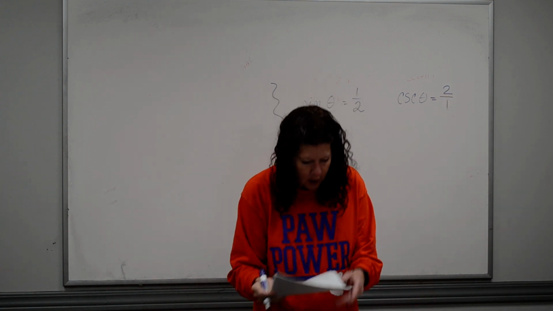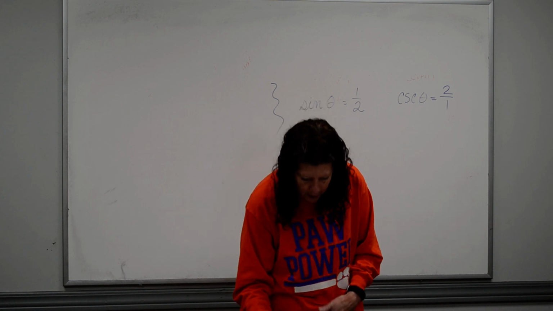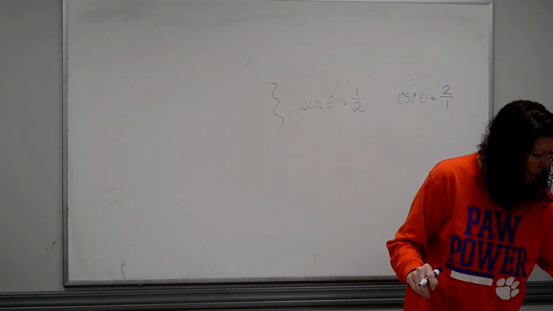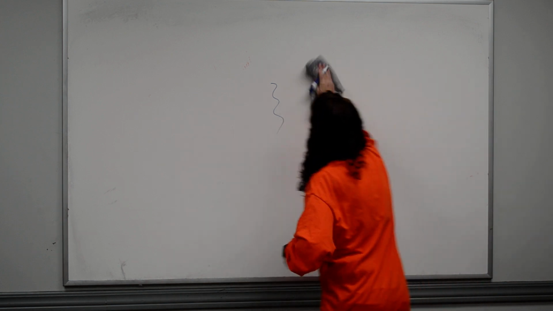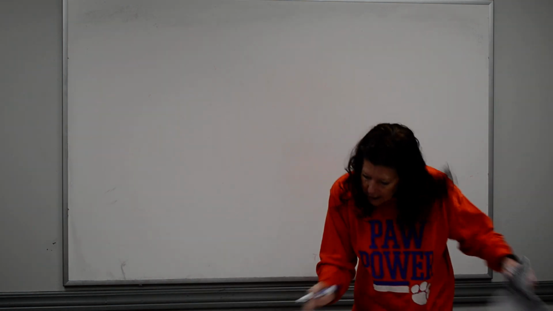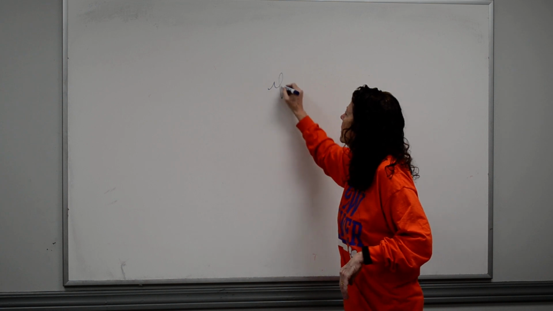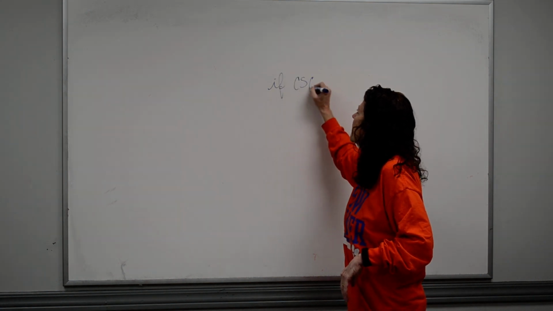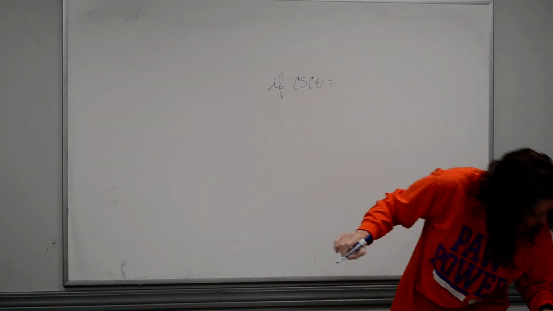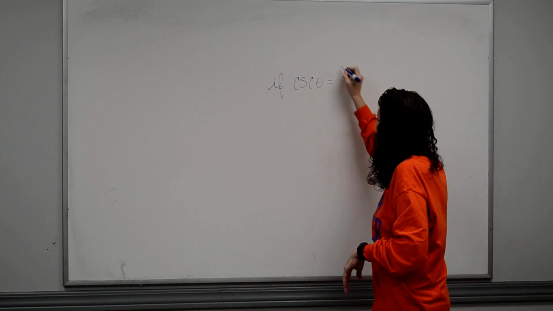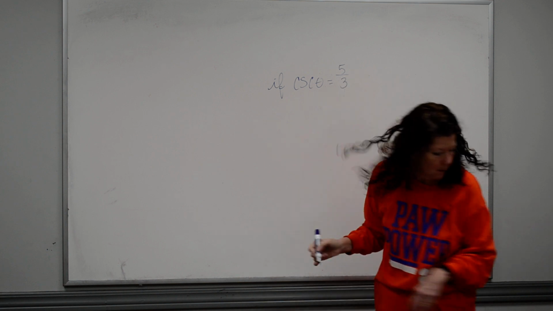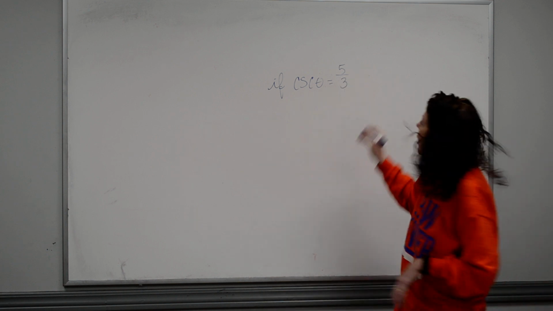That is number 11. If you go on to number 13, a little bit more complicated, and there are several ways that you can do these. Number 13 says if the cosecant of theta is equal to 5/3, find the cosine.